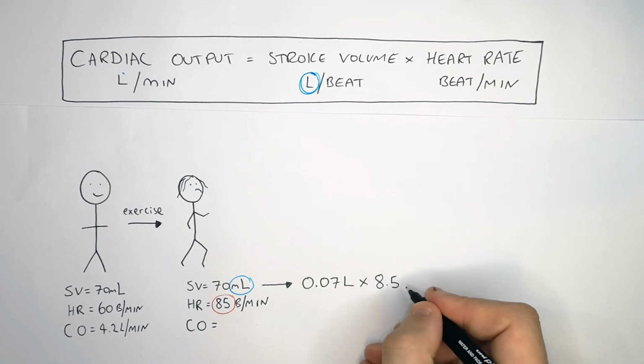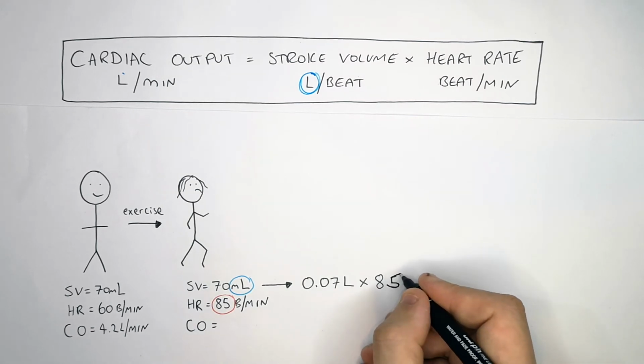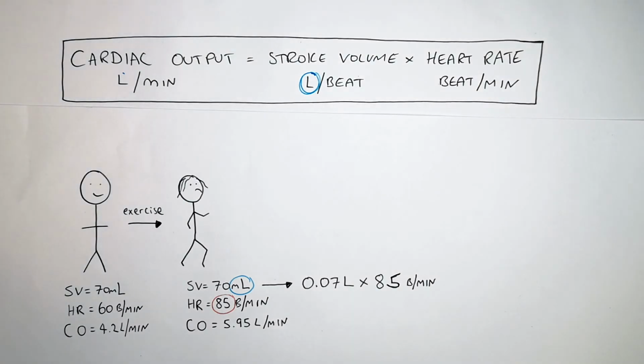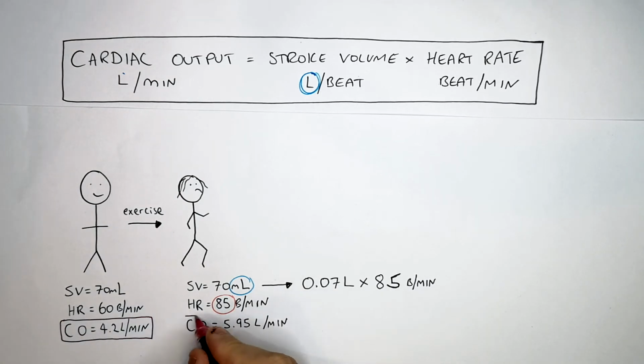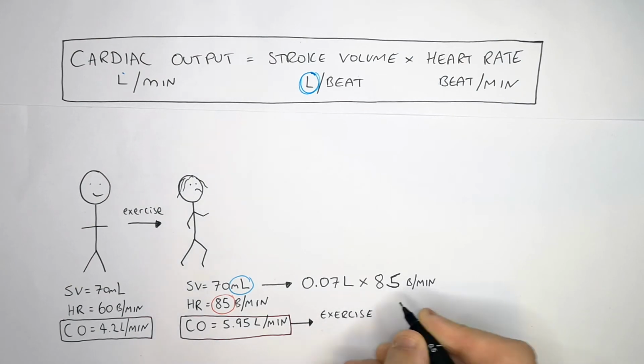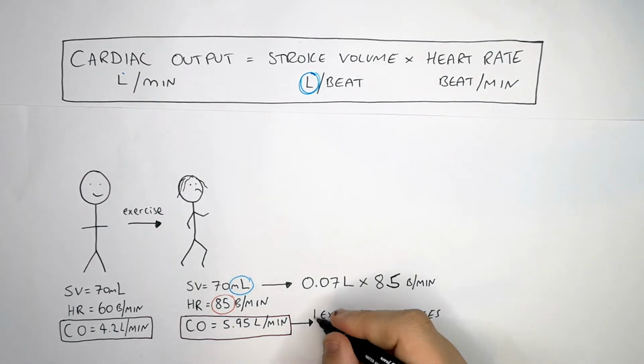So it's 0.07 times 85 beats per minute. This then gives you a cardiac output of 5.95 liters per minute. So at rest, it was 4.2 liters per minute, and then at exercise, it went up to 5.95 liters per minute. But why does exercise increase cardiac output?